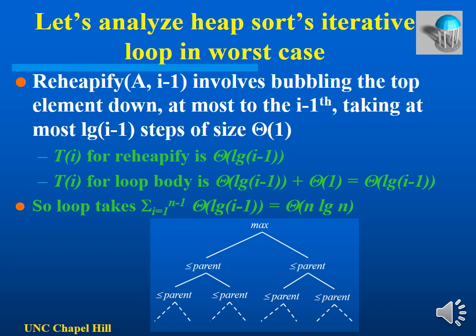The result is that the loop, overall, takes the sum from I equals 1 to n minus 1, each time putting a new element into place, of the loop body, theta of log I minus 1, and we have a summation formula for that sum, and that is theta of n log n. So what we know then is that the loop of heapify takes theta of n log n.